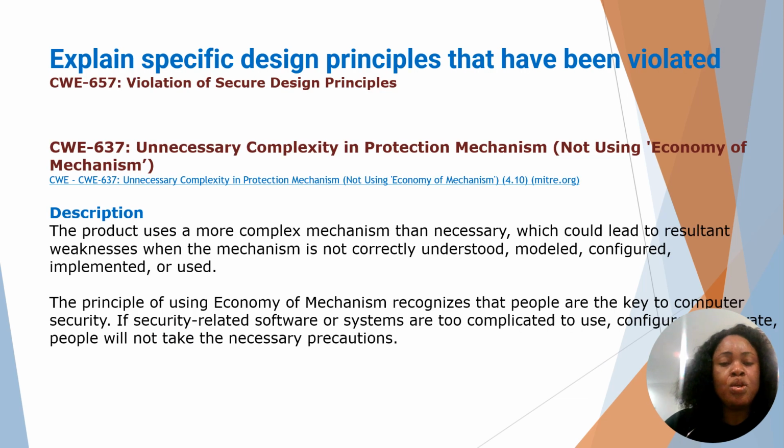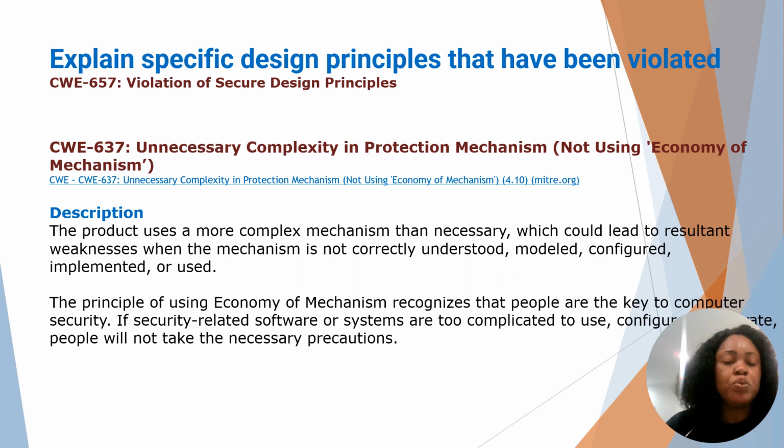And also, another principle that has been violated is the unnecessary complexity in protection mechanism. That is not using the economy of mechanism. So in this description, the product uses a more complex mechanism than necessary, which could lead to resultant weakness when the mechanism is not correctly understood. It can be modeled, configured, implemented, or used.